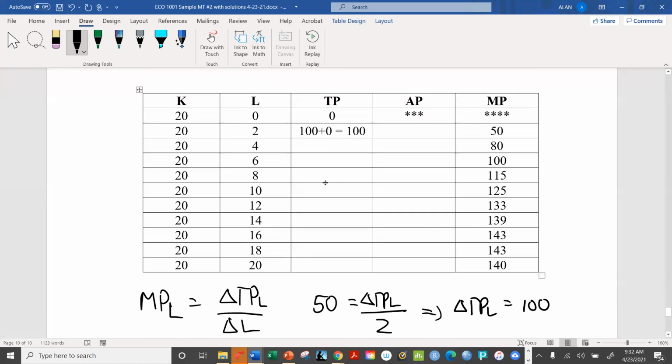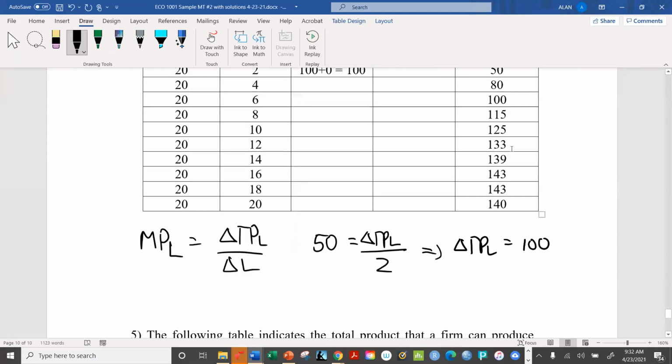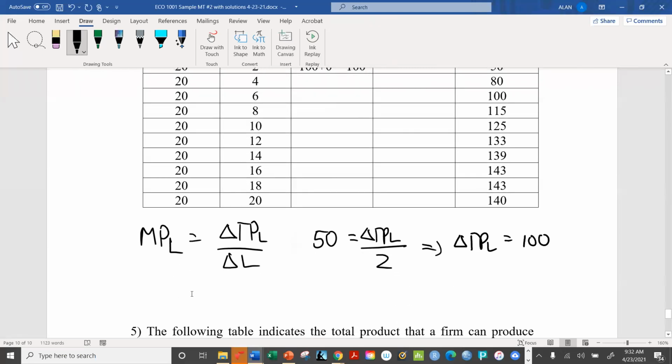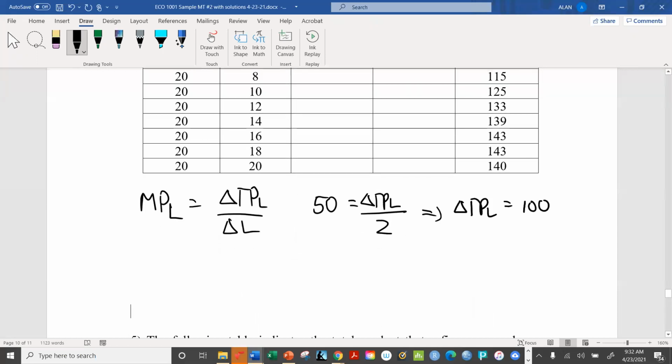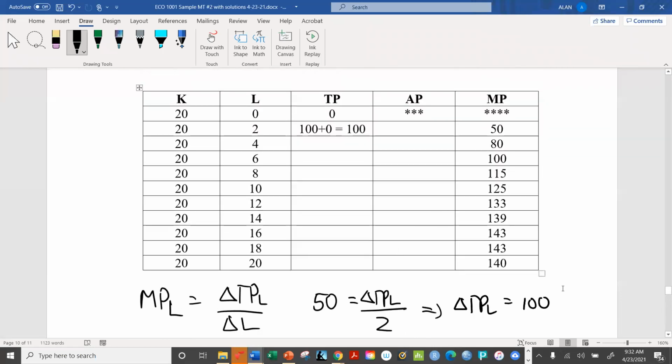All right. Now, for the second one, the marginal product of labor is 80. So based on this logic, and again, if you notice in this table, in each case, the change in labor is always 2.